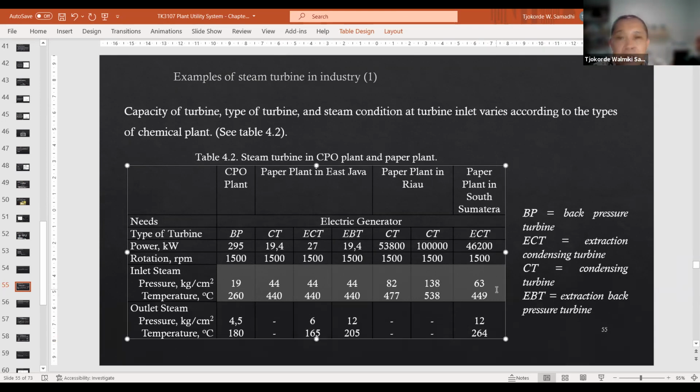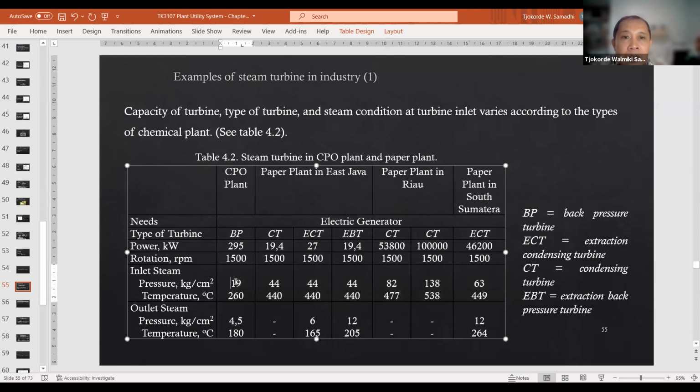Now imagine that you want to design a steam system that includes a steam turbine whose steam specification is like this. If the CPO plant calls for a steam pressure of 19 kilogram force per centimeter square and a steam temperature of 260 degrees Celsius, then your boiler should not be too far from these numbers, right?